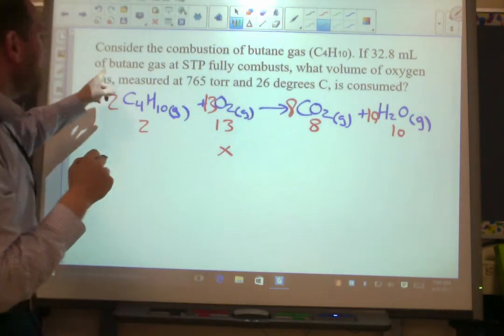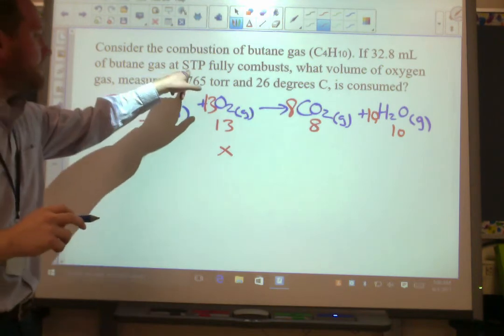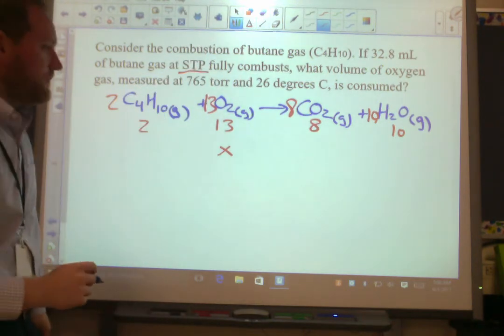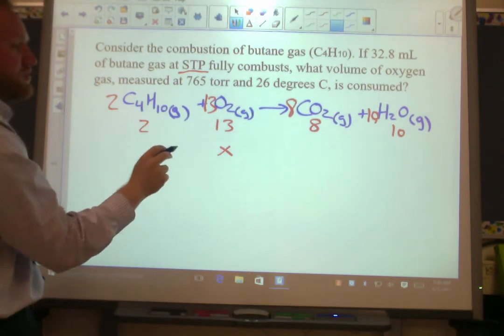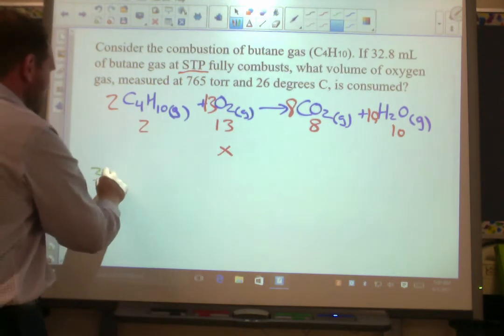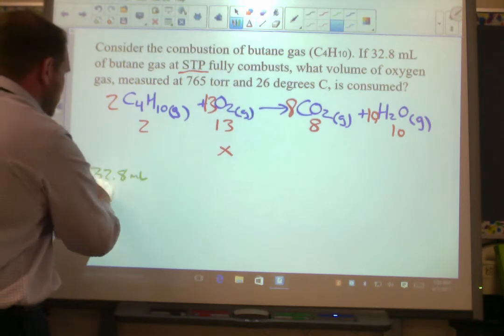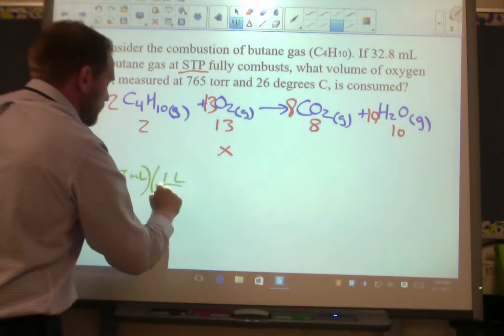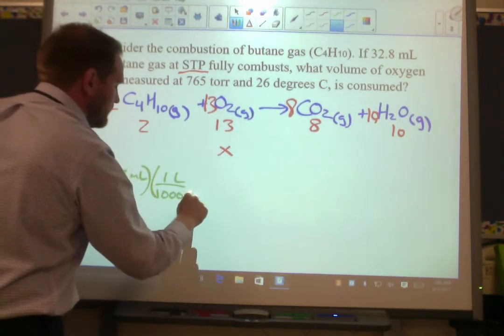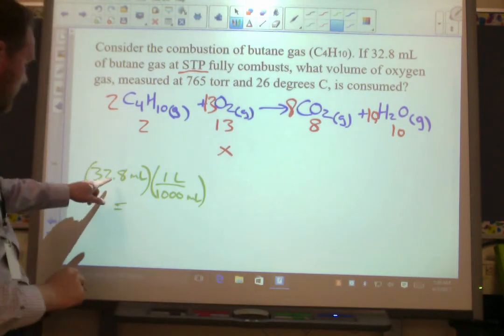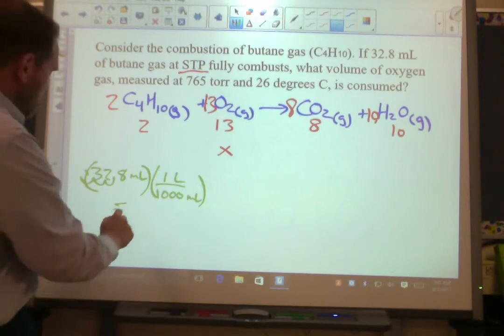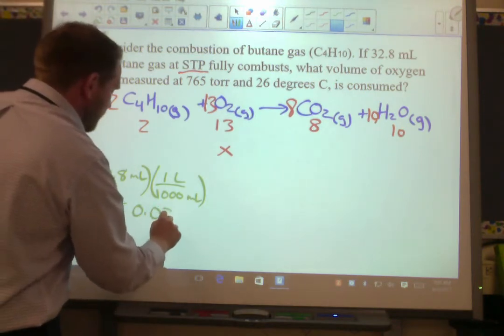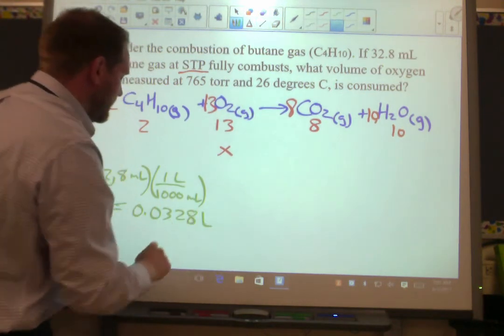32.8 milliliters at STP. Because it's STP, use the STP shortcut. So let's start with that down here. 32.8 milliliters, we need to turn that into liters. 32.8 milliliters times 1 liter over 1,000 milliliters. I can tell I'm just going to shift the decimal point 3 times to the left. 0.0328 liters.